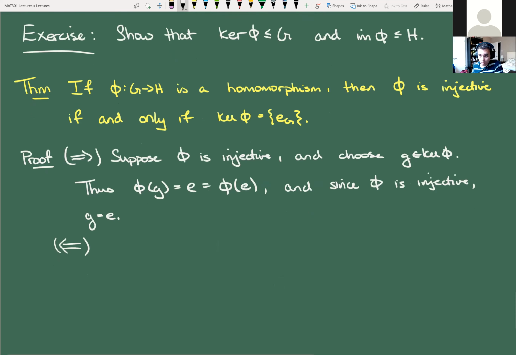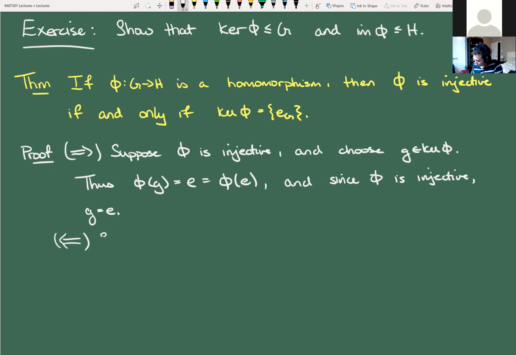Okay, the other direction, very similar. So suppose the kernel is trivial, and that phi of g1 equals phi of g2. So we want to show that g1 is equal to g2, right? That's the requirement for phi to be injective.